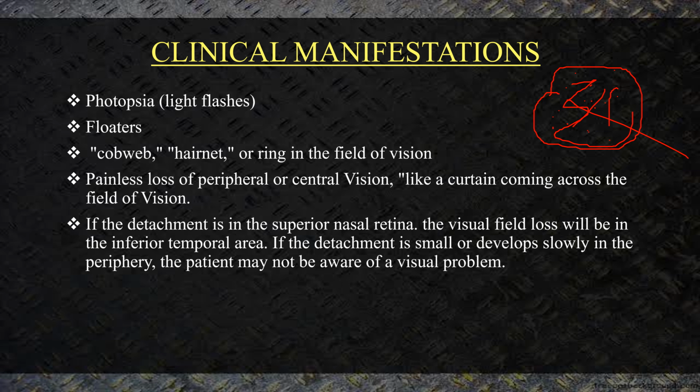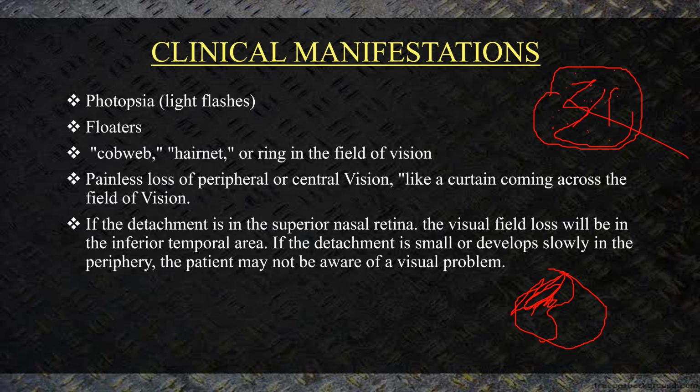Then coming to painless loss of peripheral or central vision, this is a main characteristic of retinal detachment, a curtain coming across the field of vision. If this is the field of vision, a curtain like this will try to come.